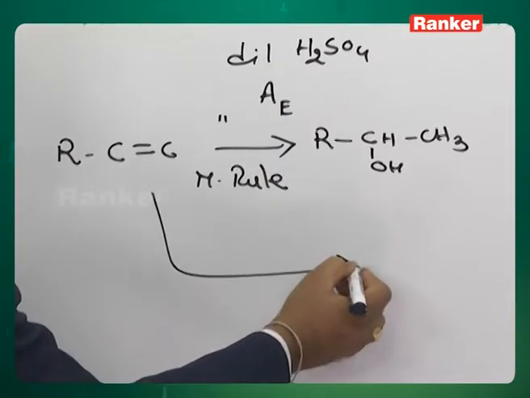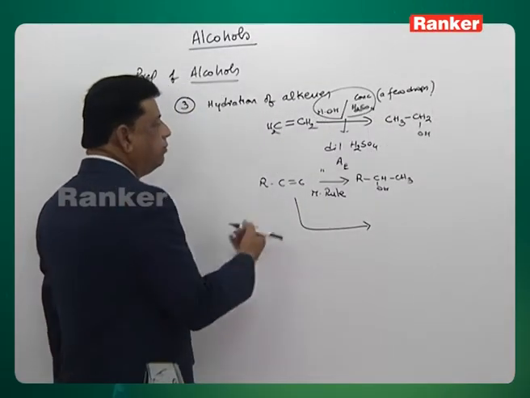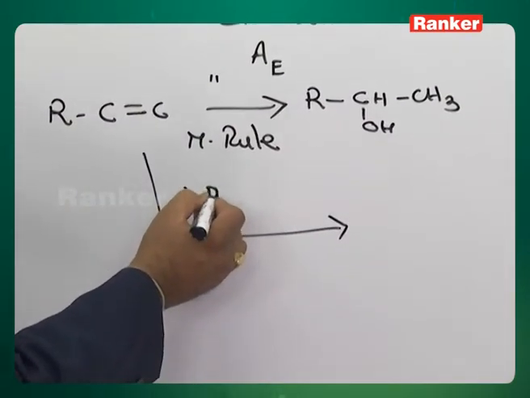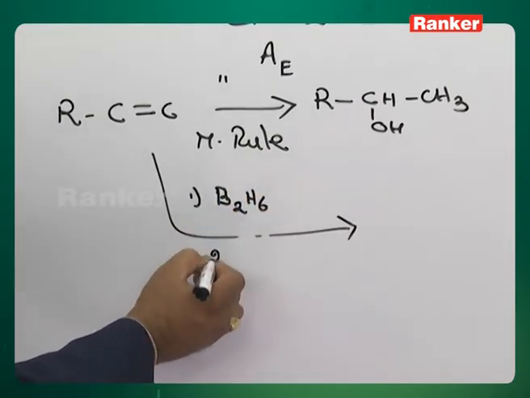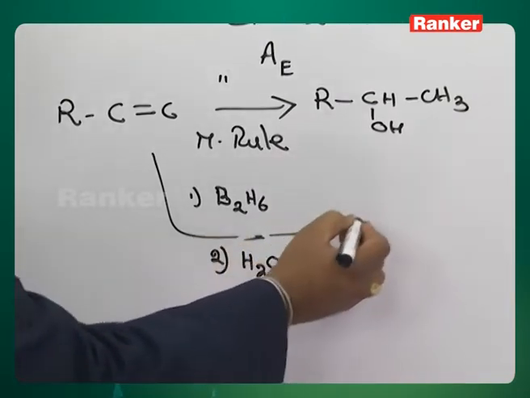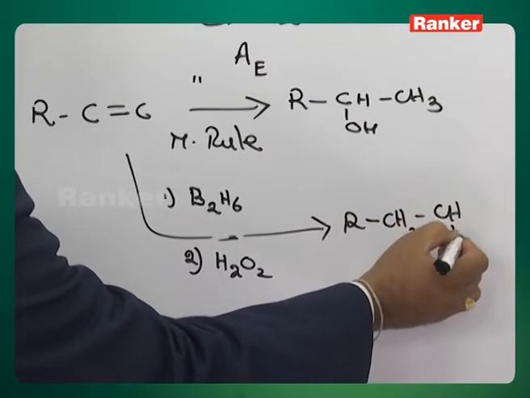1 degree alcohols also can be prepared using B2H6, that is diborane, followed by treatment with hydrogen peroxide. If you add these, you may get the other type of product, CH3CH2CH2OH.